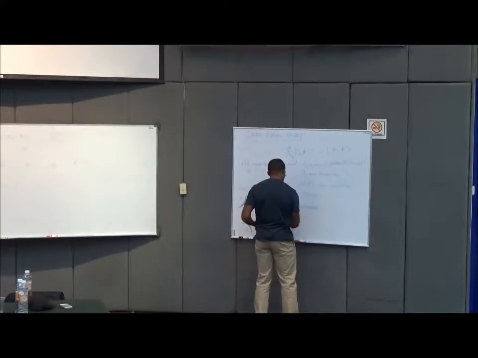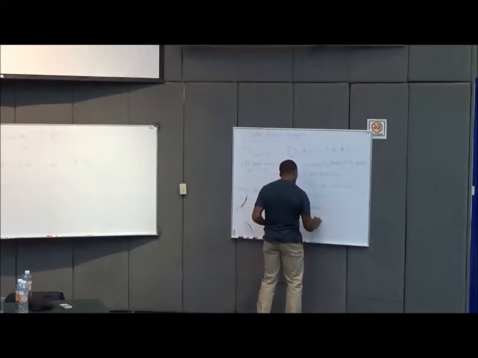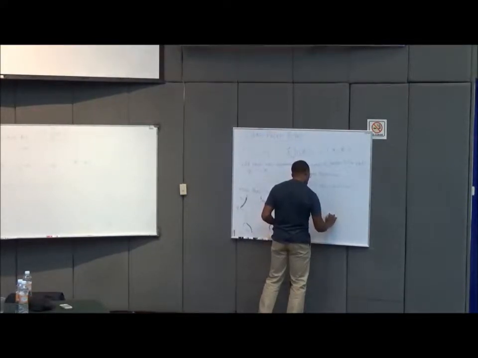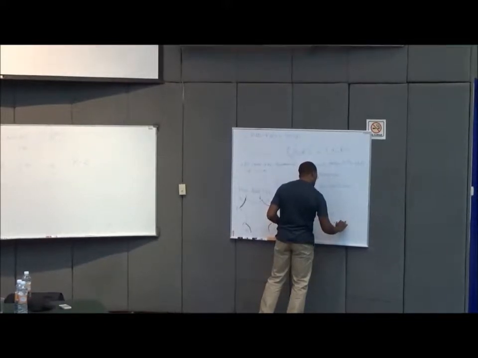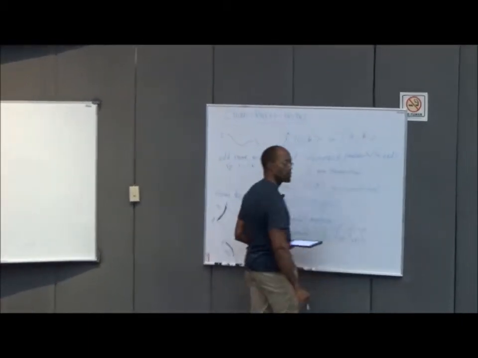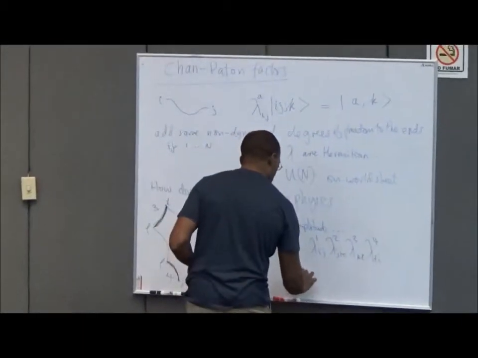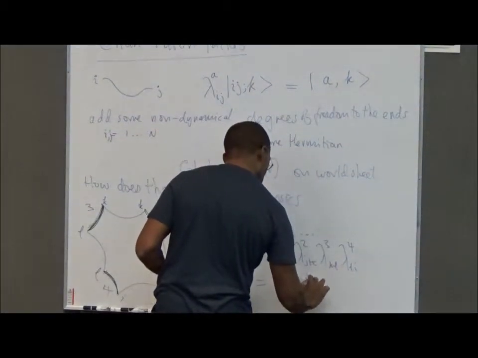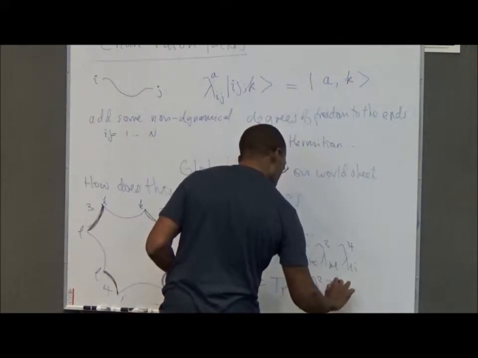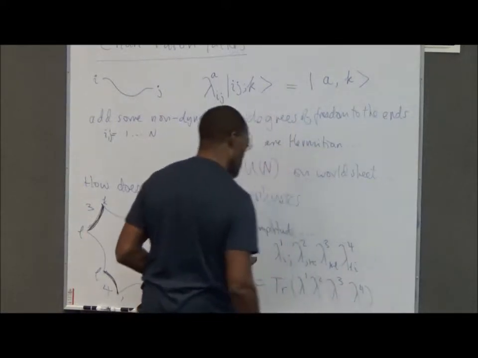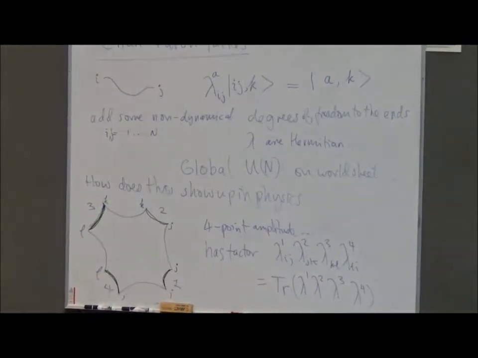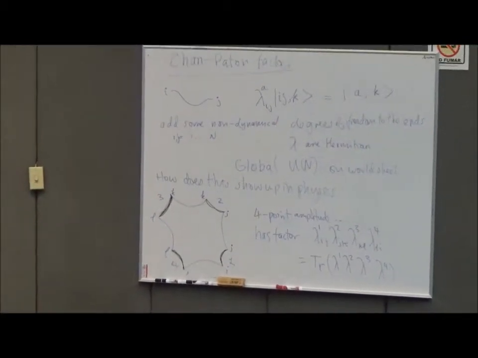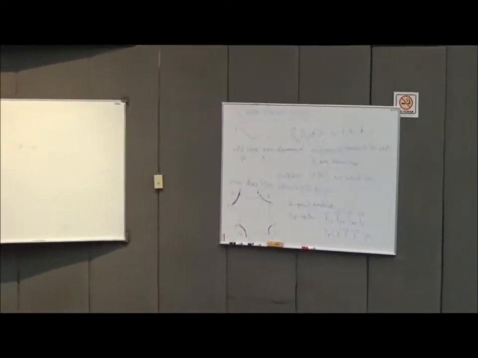It must have a factor which would be lambda ij from 1, lambda jk from 2, lambda kl from 3, lambda li from 4. Okay, so this is telling me that whatever I do with these factors, they come in traces. They come traced over like this. This is going to be a constraint in a moment on the kinds of things I can do when I act on them. I must respect the trace. Okay, so here we go.